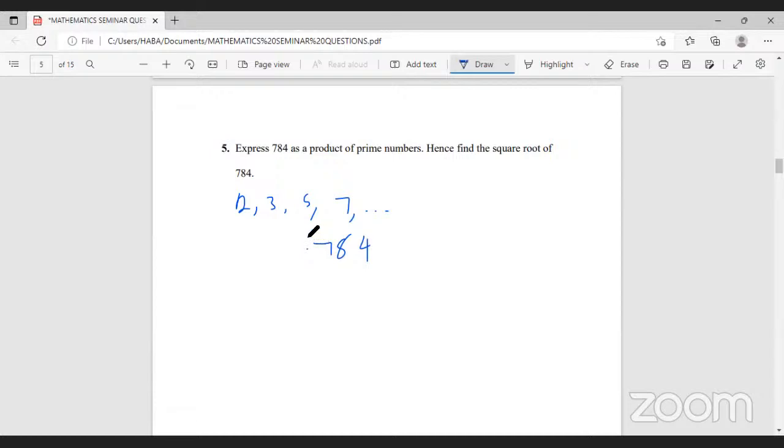I first divide it by 2. Divide it by 2, you get 392. Again by 2, I get 196. By 2 again, I get 98.